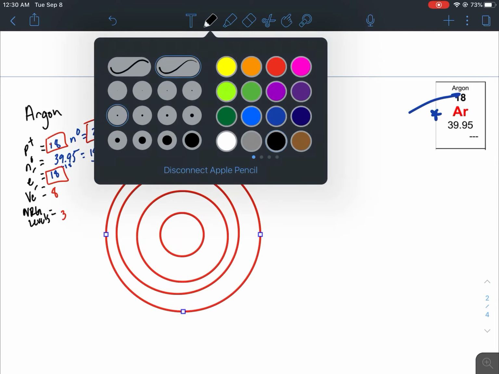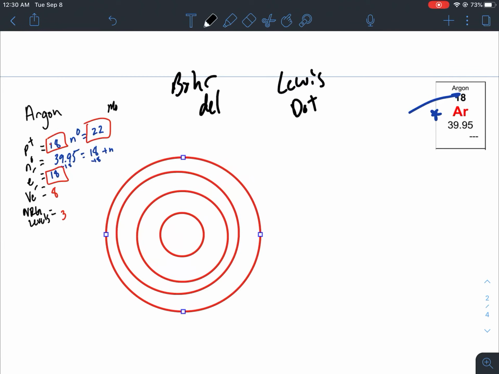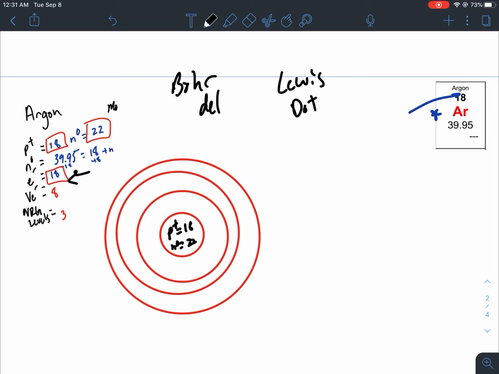Now we take the number of protons and the neutrons and we put that in the middle. So protons is 18, while the number of neutrons is going to be 22. The next thing we do is take the number of electrons and plug that around. Remember, the first shell can only hold 2.